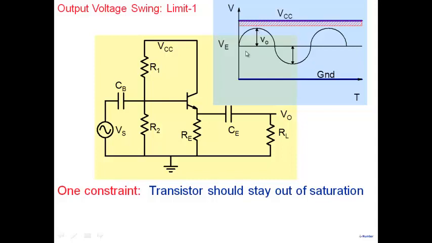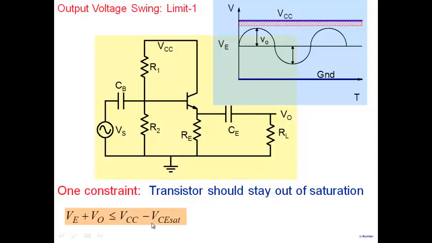Okay, so that tells me how large a V0 I can get here. Straightforward now. All we need to do is say this is the DC value of the emitter voltage VE, plus V0, the peak value here, should be less than or equal to VCC minus VCE sat. So it should not go into this forbidden region.